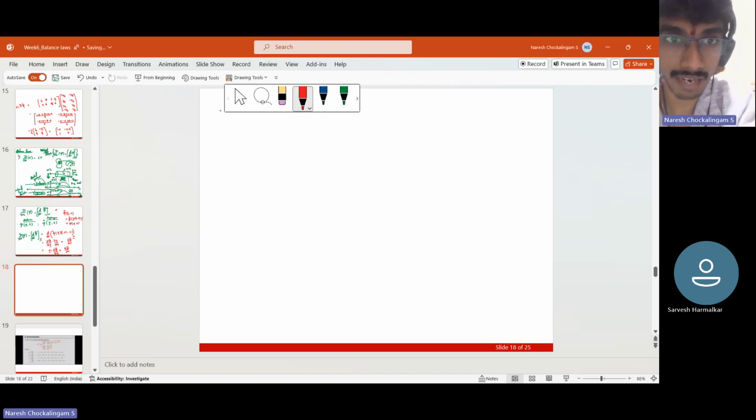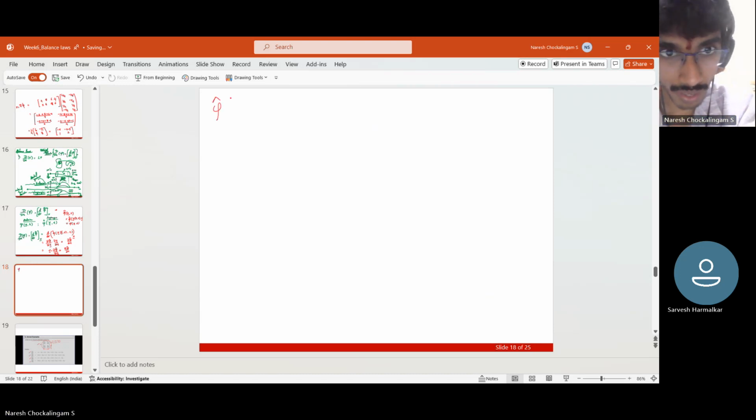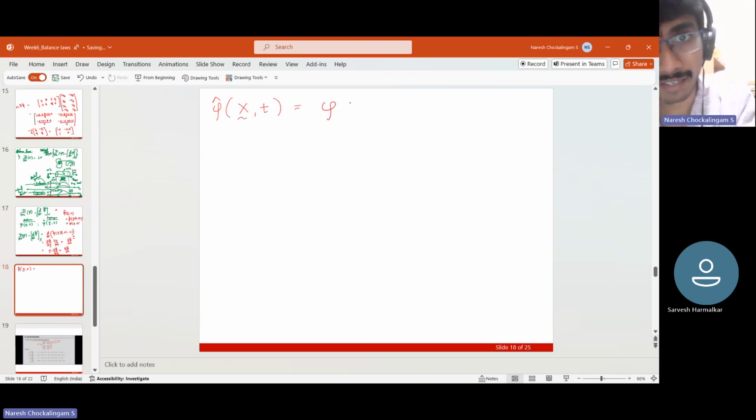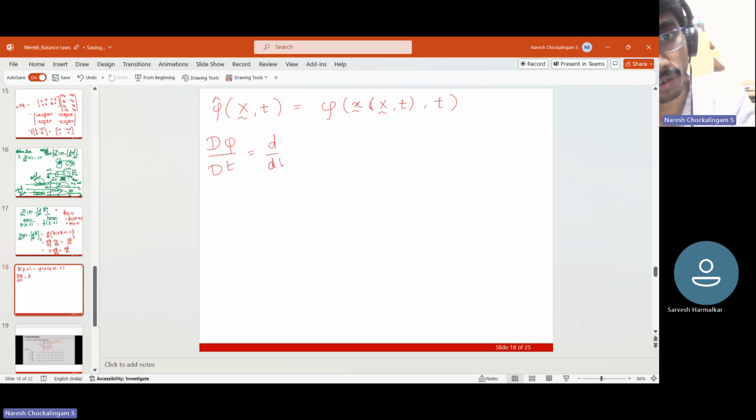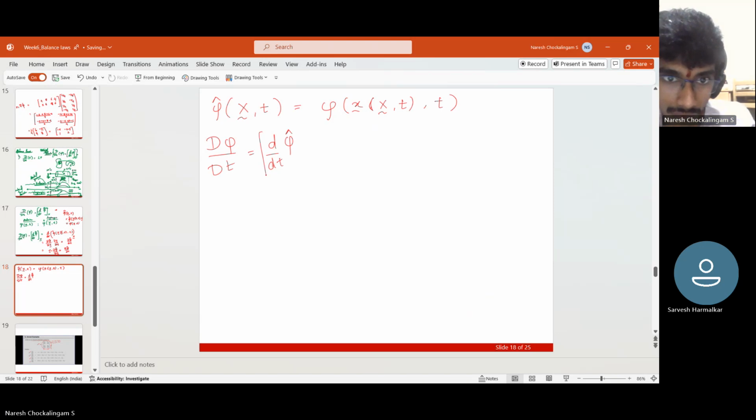So what I said is we can have a Lagrangian description or an Eulerian description, but this small x is itself a function of capital X and time. Now the material time derivative of a given field is nothing but d by dt of phi cap. Now phi cap, there are only two independent variables, so this is taken while keeping X constant.